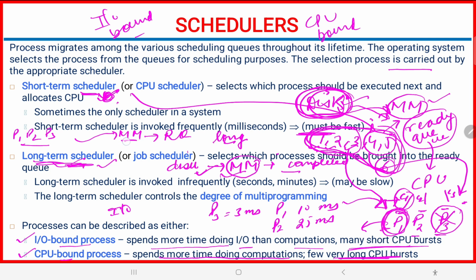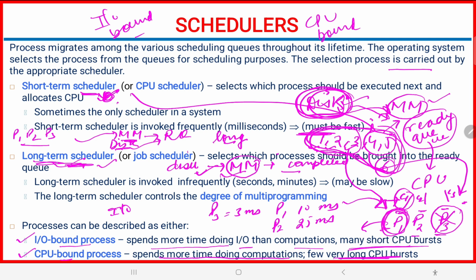Sorry, this was not main memory, in fact it was disk. So I repeat my lines: upon creation of a process, the long-term scheduler stores it onto the disk, and later on when there is a need, it shifts these processes from the disk onto the ready queue, or to the main memory.